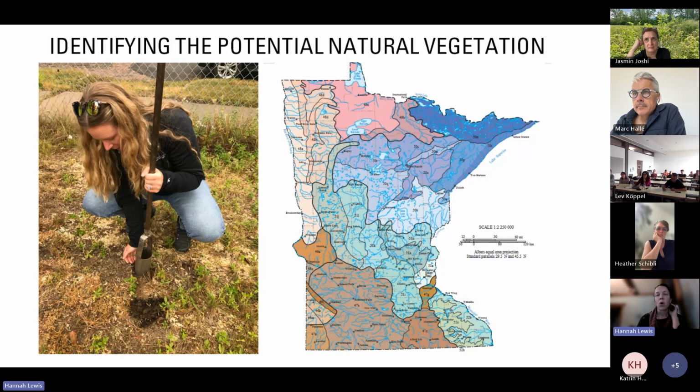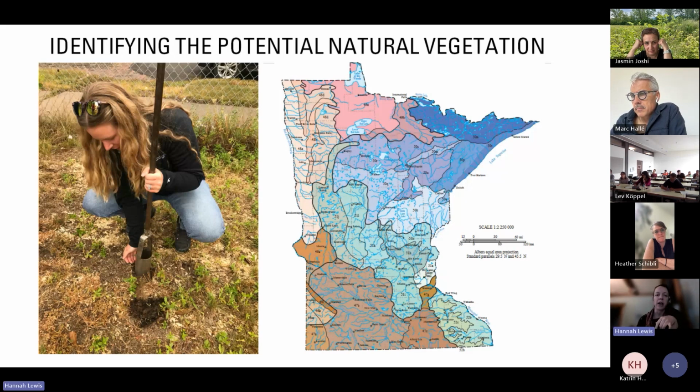But a way to orient yourself ecologically is to look at a map like this, which shows the ecoregions of your area. This is the state of Minnesota, and it shows the ecoregions which have their own characteristics based on the climate and soils and topography, and then their associated plant community.